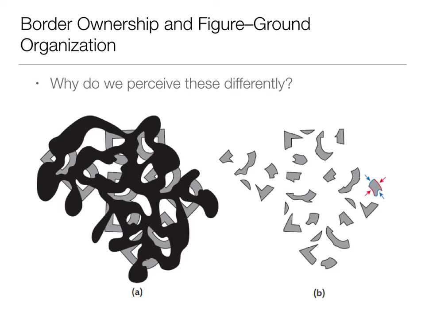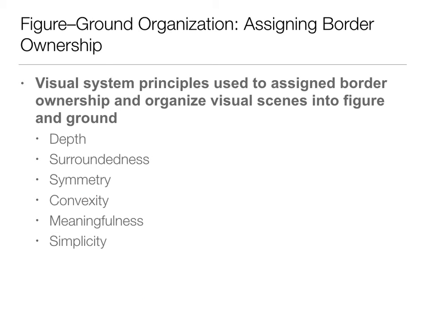But when I first look at it, that's not what I see. I see a series of irregular shapes. Again, that has to do with these principles about assigning border ownership. The principles we typically use are depth, surroundedness, symmetry, convexity, meaningfulness, and simplicity. We'll go through each of these in more detail.